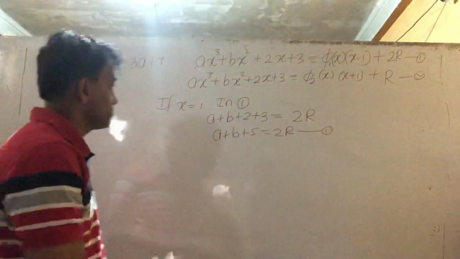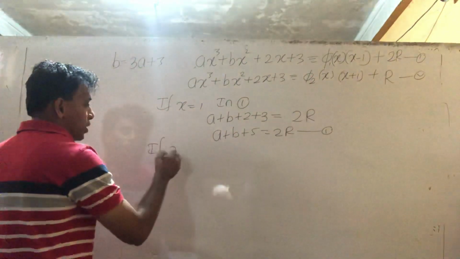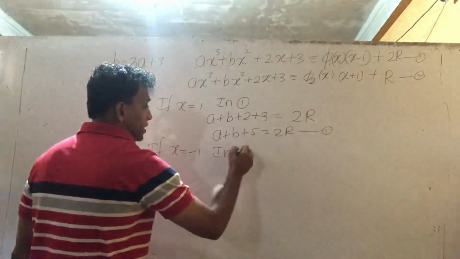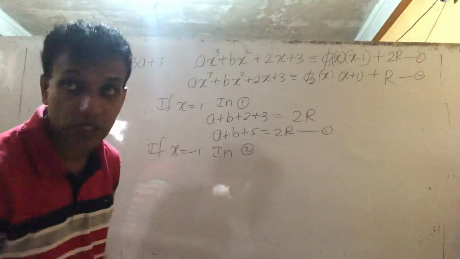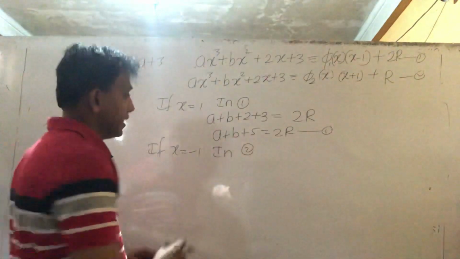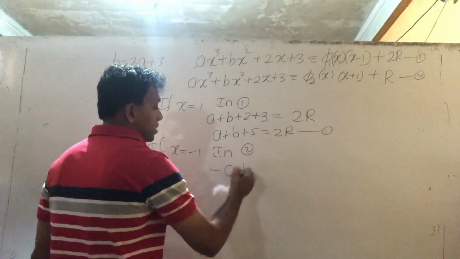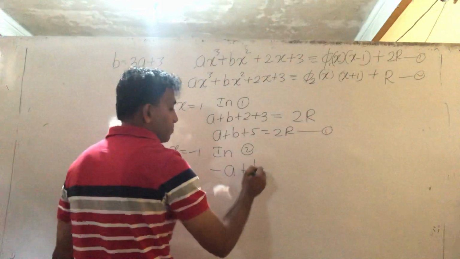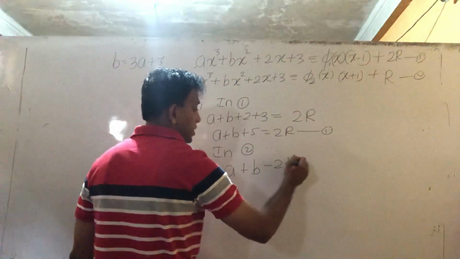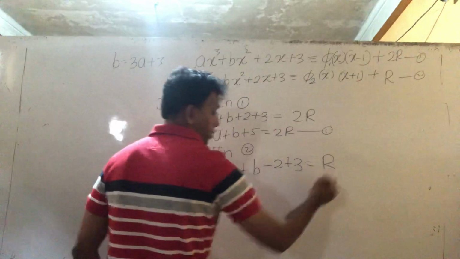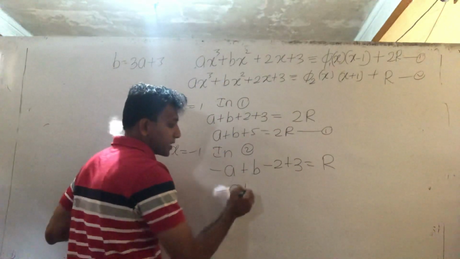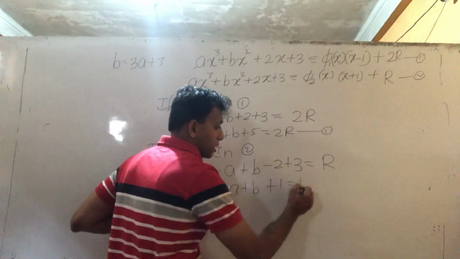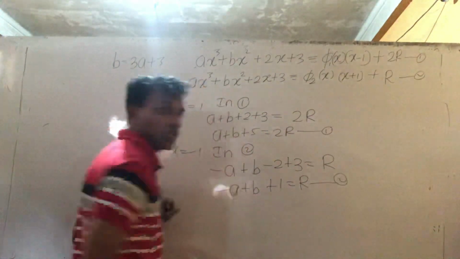If x equal minus 1, in the second equation, what happened is minus a, here square is positive, minus square is positive, 1 times b, here minus 2 plus 3, that side r, so minus a plus b, minus 2 plus 3 plus 1, this is our second equation, right?